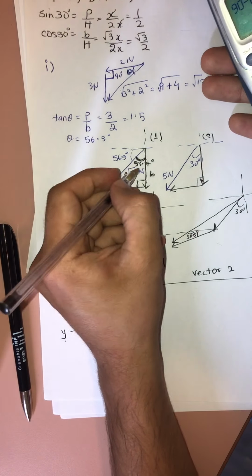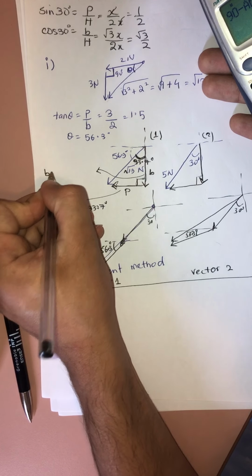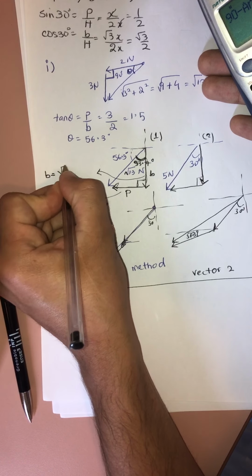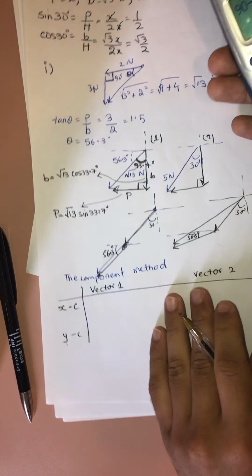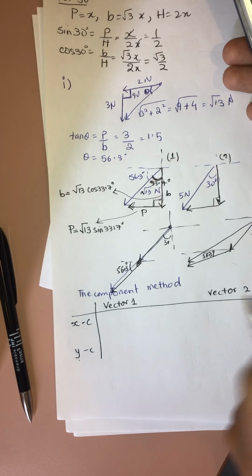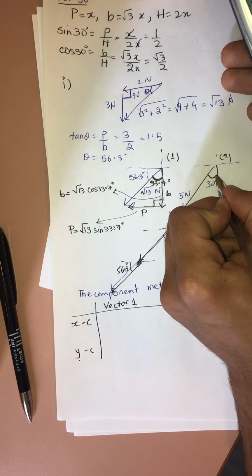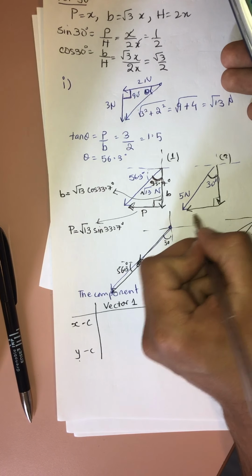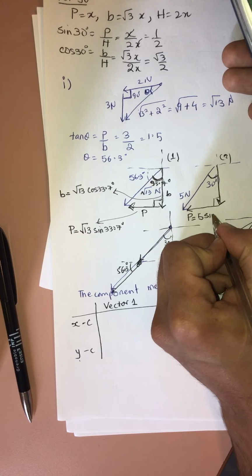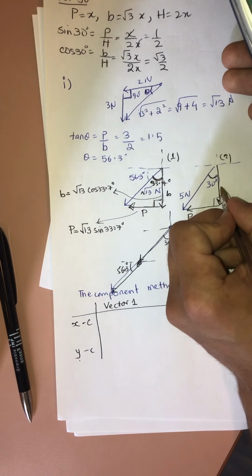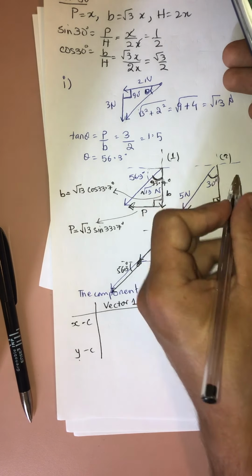This side would be the base B, which is under root 13 cos 33.7 degrees. Now in this triangle we have this as our angle. So this is perpendicular P, which is hypotenuse 5 sine 30 degrees.